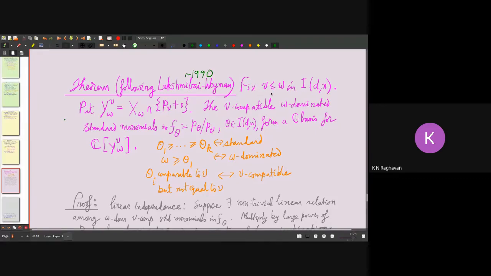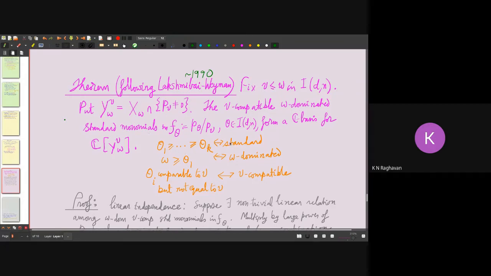So once again, fix v less than or equal to w, and put YVW equal to XW intersected with the affine patch, which we have already seen. Then we've already seen this word, W-dominated standard monomial, but now I'm introducing one more term: the V-compatible W-dominated standard monomials, now in these F theta, not in the P theta anymore. F theta, just to remind you, form a C basis for this. And what does V-compatible W-dominated standard monomial mean?